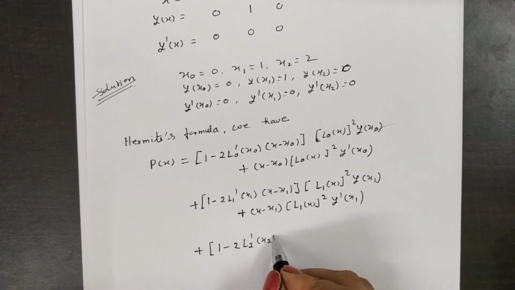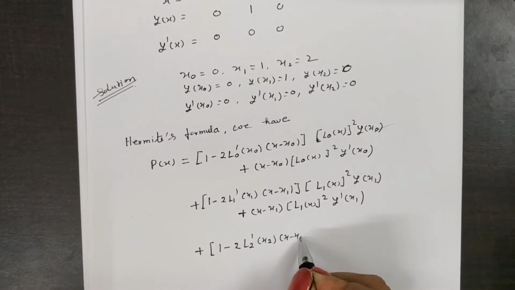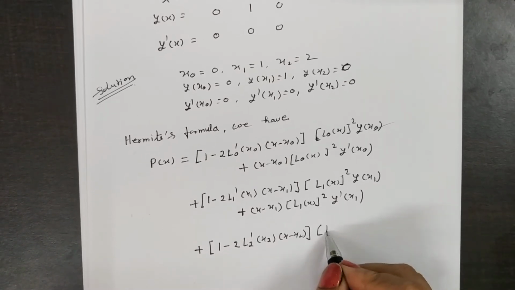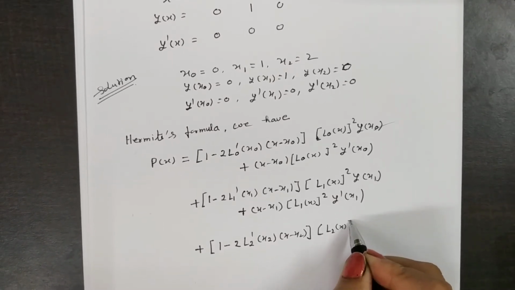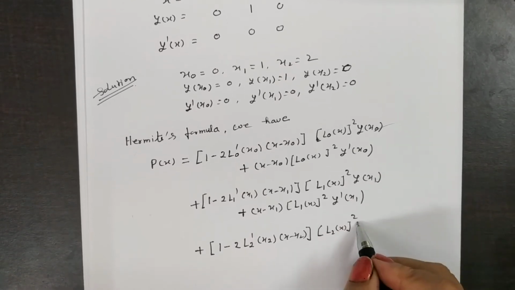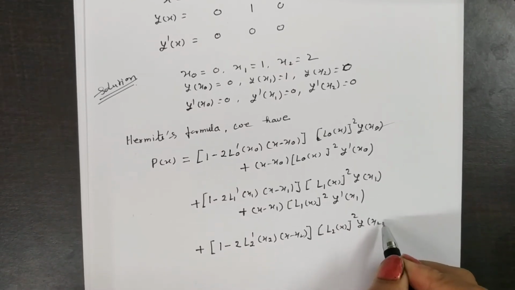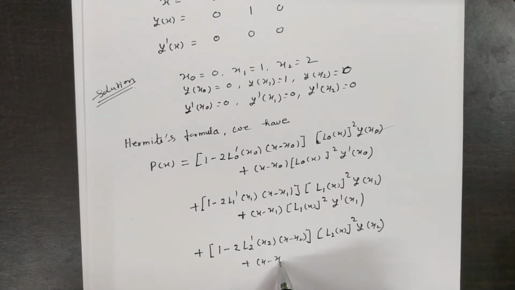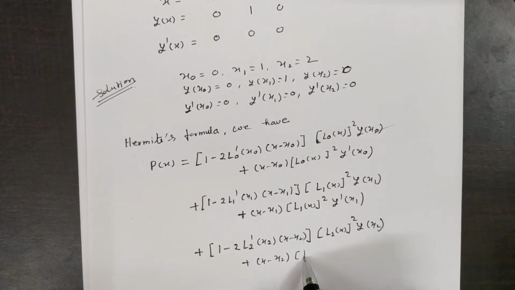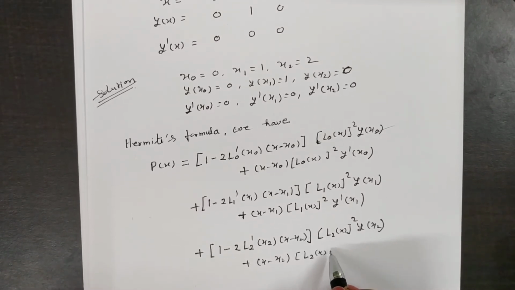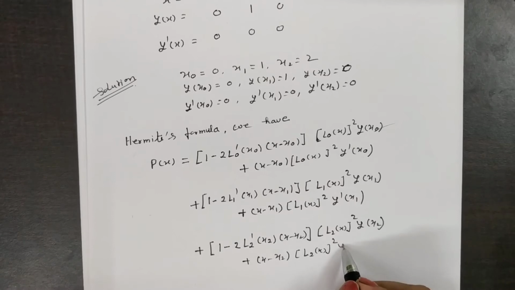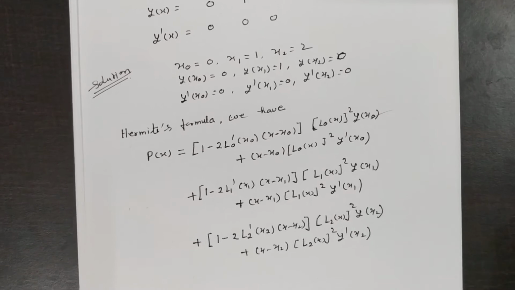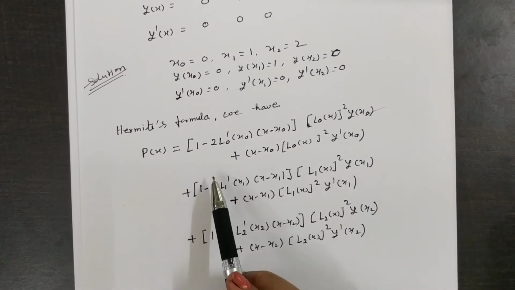Similarly for the third term, plus 1 minus 2 times L2 dash(x2) times (x minus x2), and L2(x) whole square, and y(x2), plus (x minus x2) times L2(x) whole square and y dash(x2). We call this the Hermite formula.